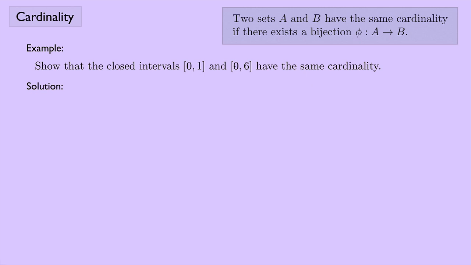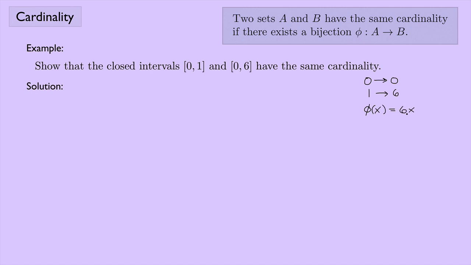So in this case, since I have these 2 closed intervals, it would be nice to have something that maybe will map the 0 to the 0 and the 1 to the 6. In other words, kind of match up the endpoints here, 0 to 0 and 1 to 6. And I think if we just kind of scale the interval [0, 1] to [0, 6], maybe with a linear function, that should work. So how about something like phi of x goes to 6x?